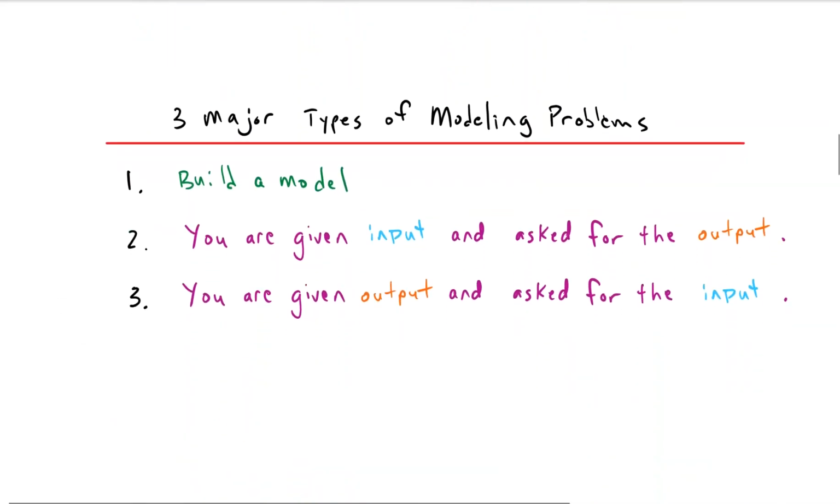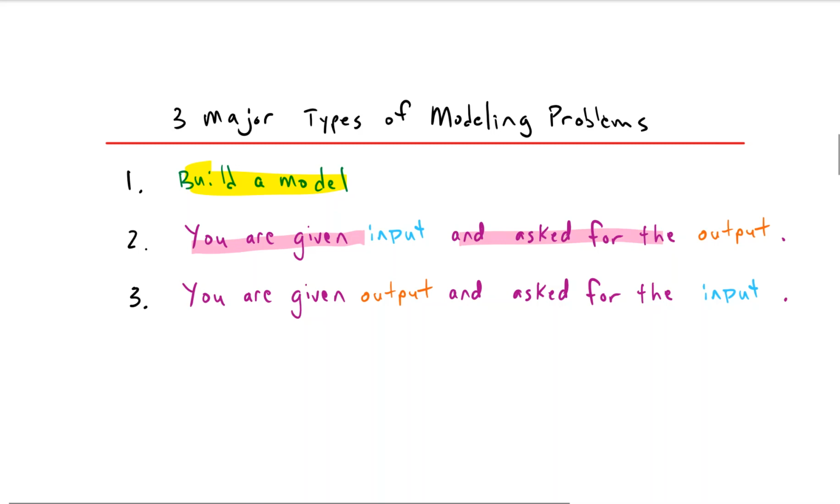The three major types of modeling problems I see as an instructor. First one is the question, we'll say, build a model. They'll give you information and say, build a model that describes this data. Second type of problem, they will give you input, and then they'll ask you for the output.